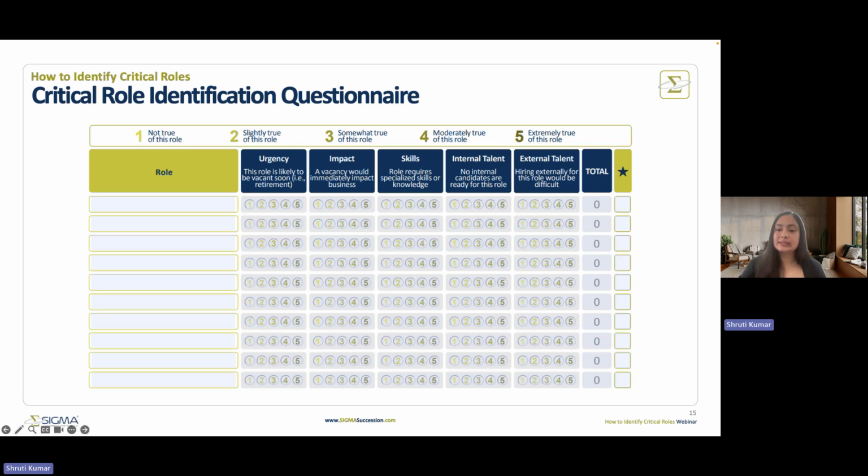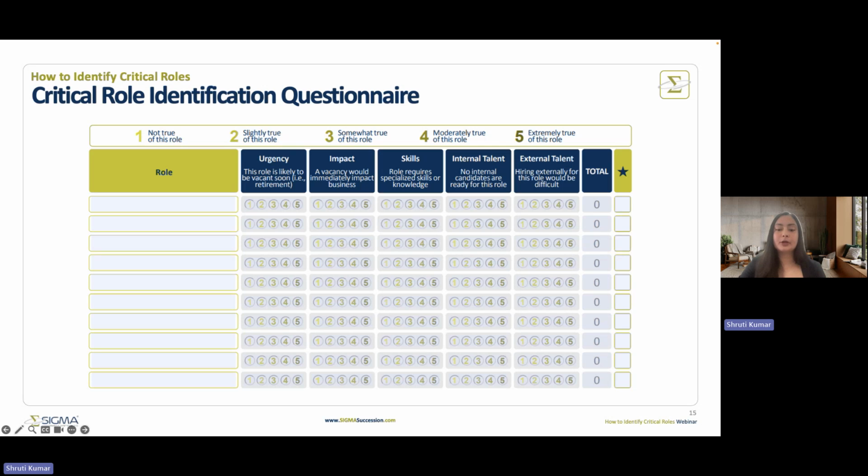So you'll then go through the rest of the columns to evaluate the position on the criteria. You'll be providing ratings from 1 to 5, so not true of this role all the way to extremely true of this role. As you score each of the positions, the number in the total column will auto-populate.